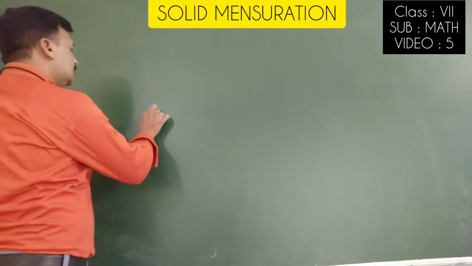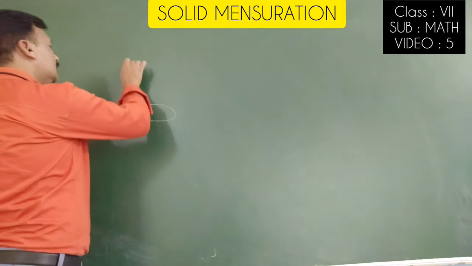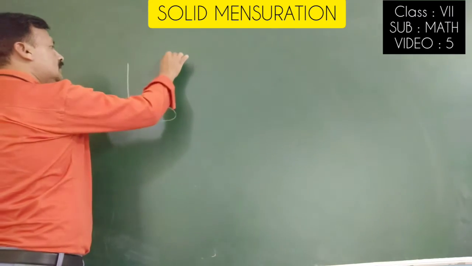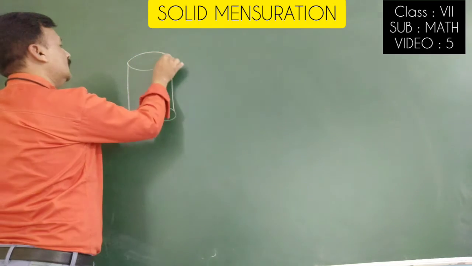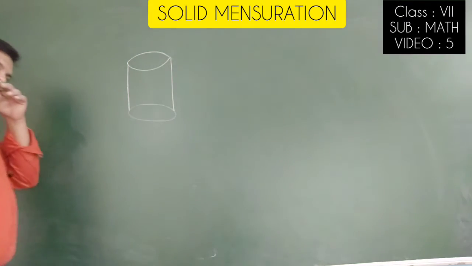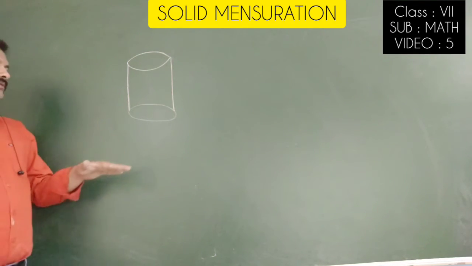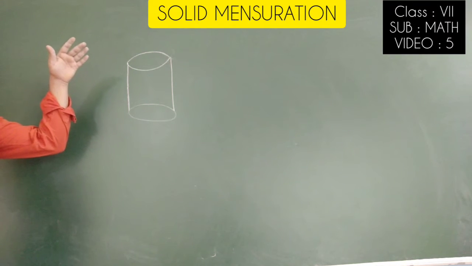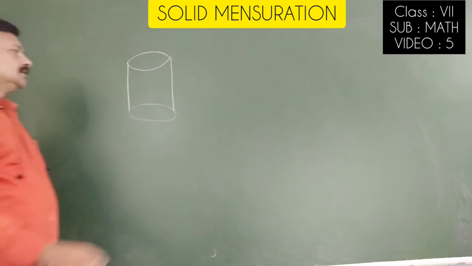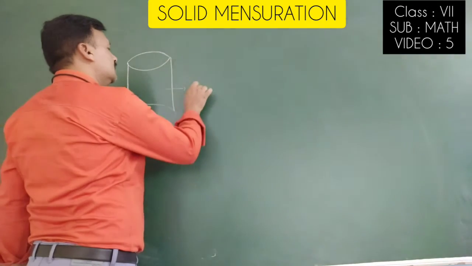If you take circles and put them one by one together, then it forms a cylinder.